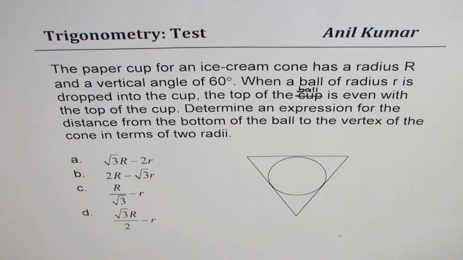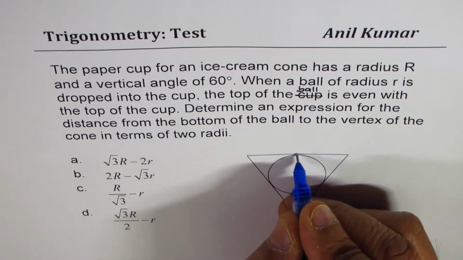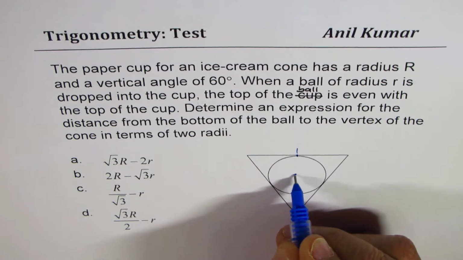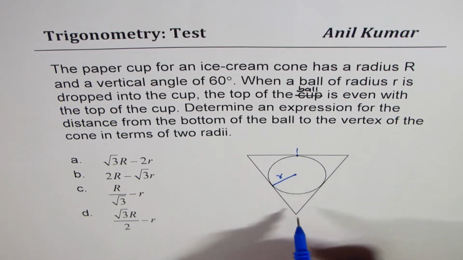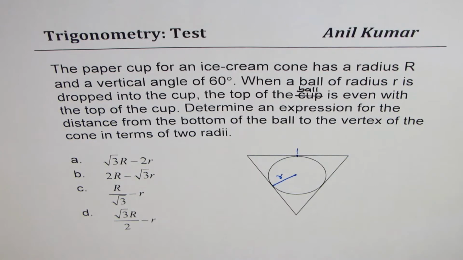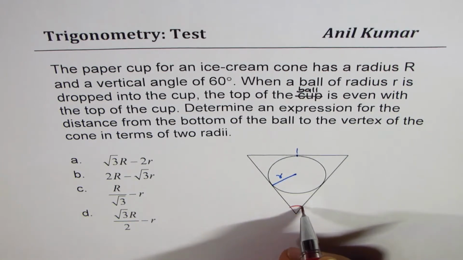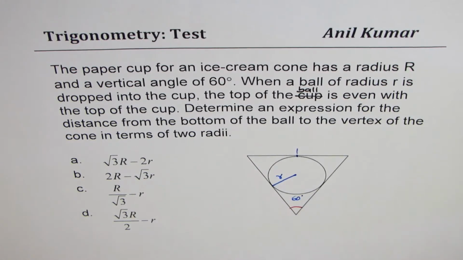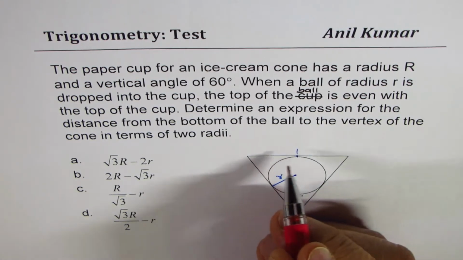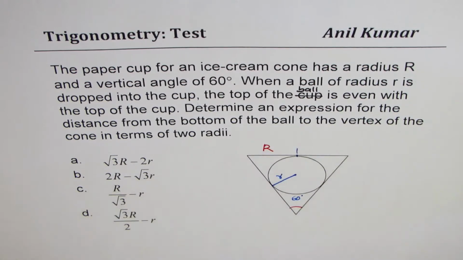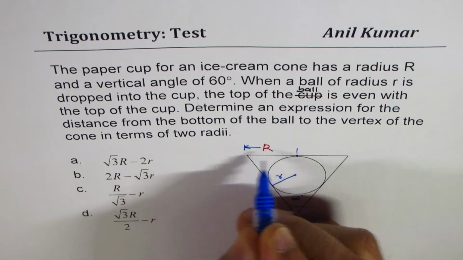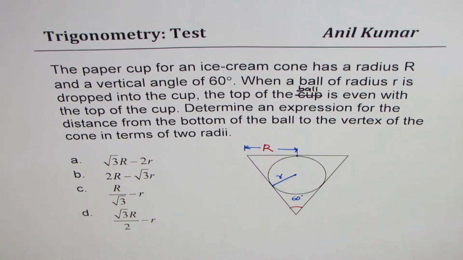Okay, so let me just complete this diagram. What we are given here is the ball with radius r, and this angle here is 60 degrees. The radius on the top is capital R. What do we need to find?